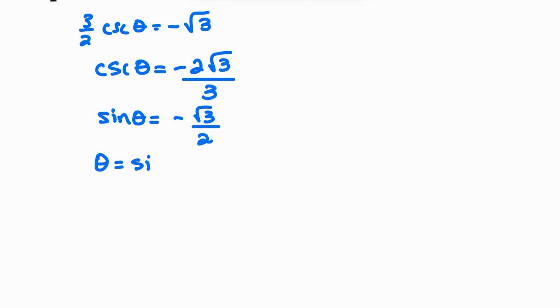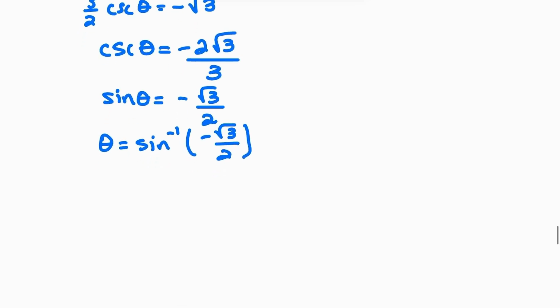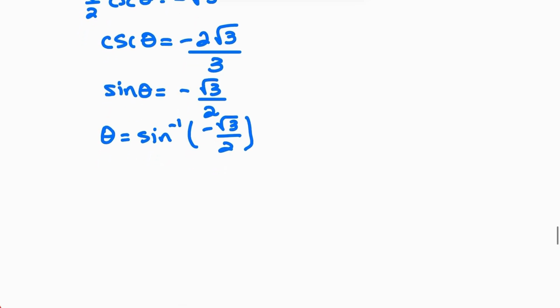So therefore, everybody should know that if I inverse sine both sides and ask you for the rainbow value of negative root 3 over 2, and we're doing theta, so it's in degrees, you should give me negative 60 degrees. And the supplement of that is 180 minus negative 60, which ends up being 180 plus 60, so 240.